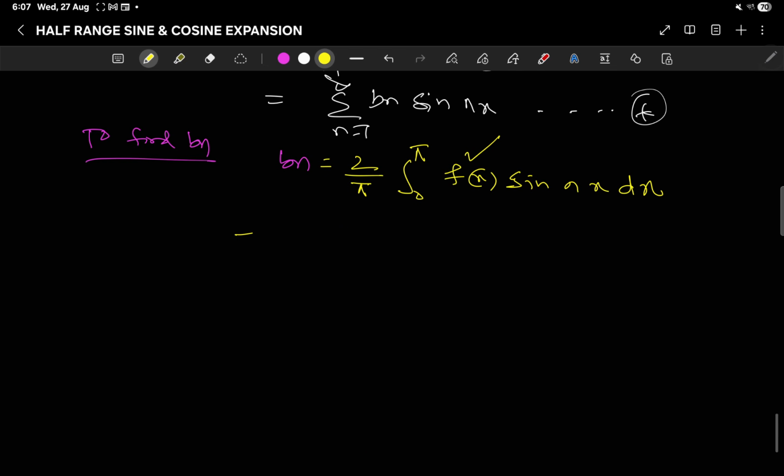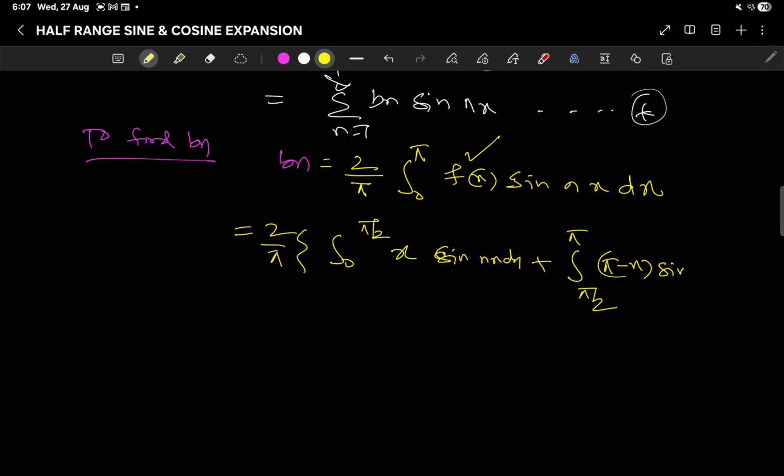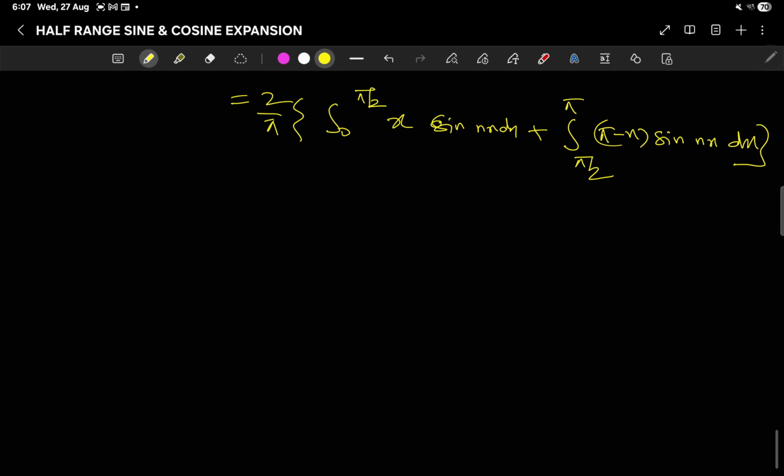So this is here 2 by pi, integration 0 to pi by 2, the function is x, right? x sine n x dx, plus accordingly pi by 2 to pi, what is the function here? Pi minus x, sine n x dx. So we have to simplify it, right?